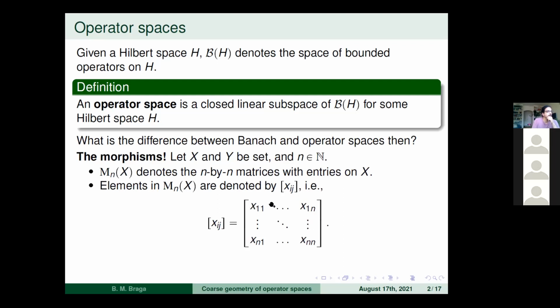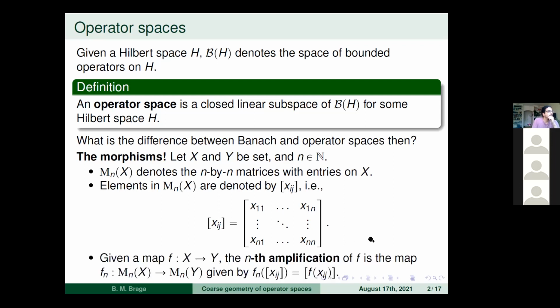Okay, so I have a square matrix in which each entry is an element of my set X. And if I have a map between X and Y, this map also generates canonically a map from the matrix spaces of X to the matrix spaces of Y. And this is done by simply computing this coordinate entry-wise. This map, f_n, is what is called the nth amplification of your map.